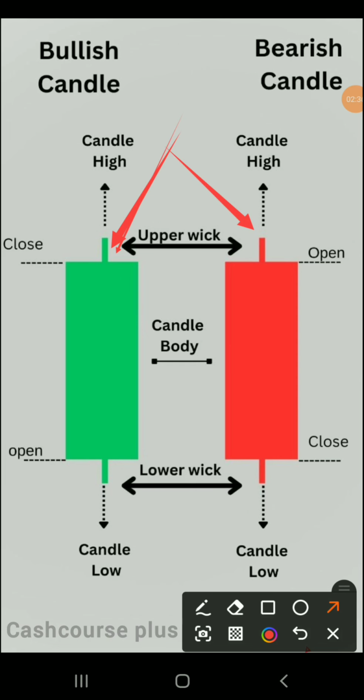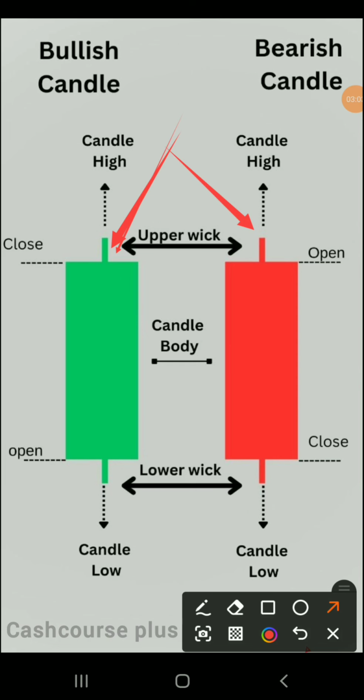So if you see a candle turning green, it means the current price the candlestick is reading is higher than the previous candle that was formed. Also, if a candle becomes red, it means the current price is lower than the previous candle that has been formed.